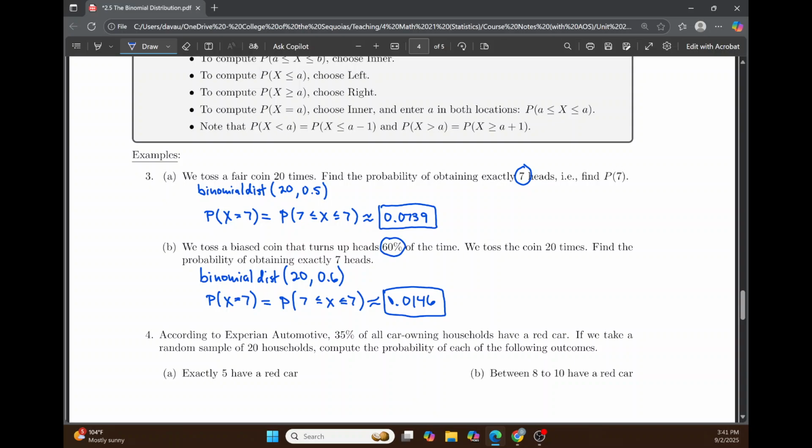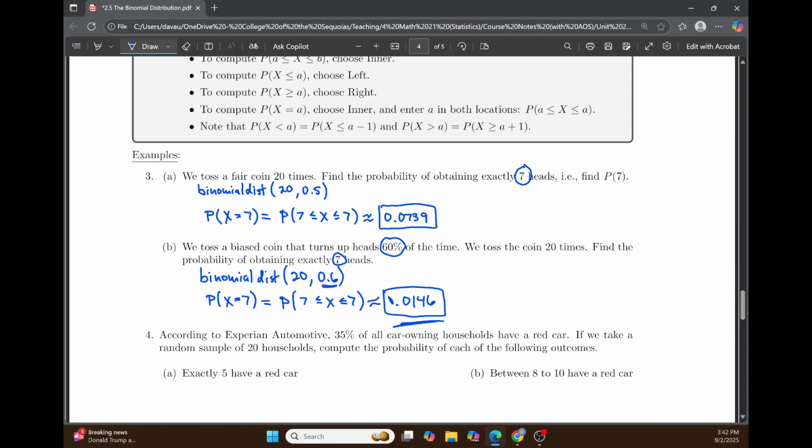Well, if the probability of success is more than 50%, then the probability that you're going to get heads less than half the time is going to be small. And the larger this probability gets, the smaller that probability is going to get, because it's going to be less and less likely that you would get fewer than half of your flips being heads. Anyway, so that's the answer there.